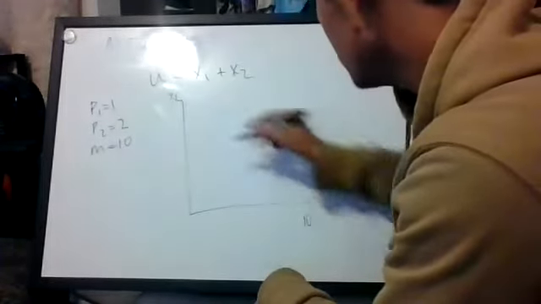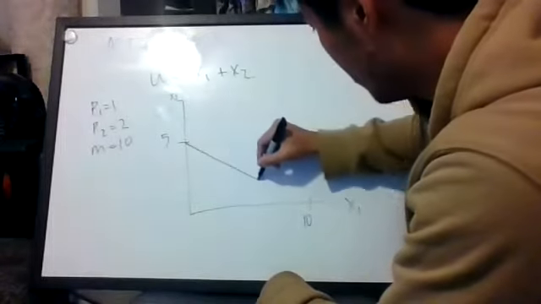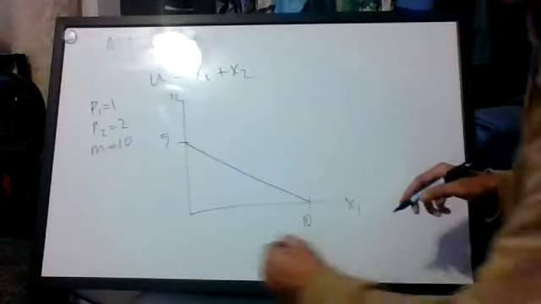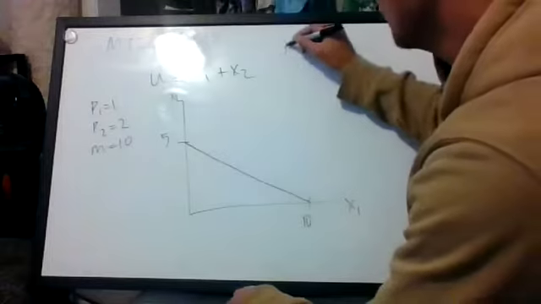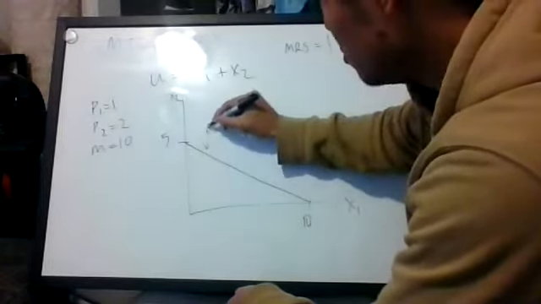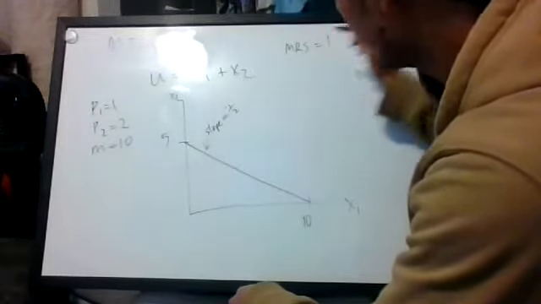This will be 10, and this will be 5. So we have a budget constraint that looks like that. And my indifference curves, MRS is just going to equal 1. And so this slope is equal to 1/2, or I guess negative 1/2.